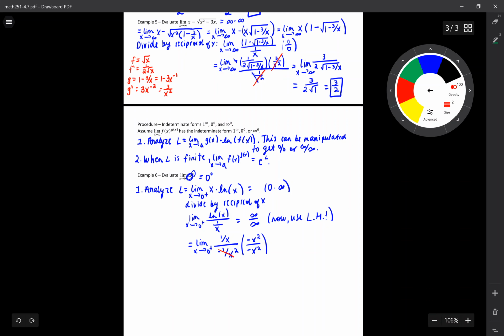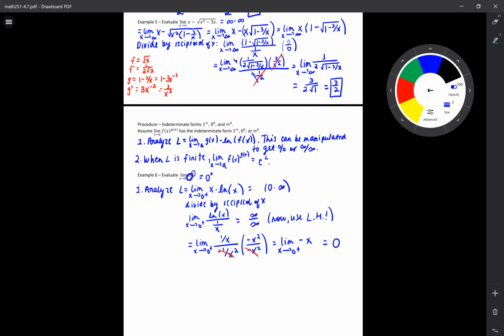That will cancel out the negative 1 divided by x squared on the bottom, and I will be left with the limit as x goes to 0 from the right of negative x, because I have negative x squared times 1 over x. And this is just equal to 0. So this limit is equal to 0, right? Limit as x goes to 0 of negative x is 0.